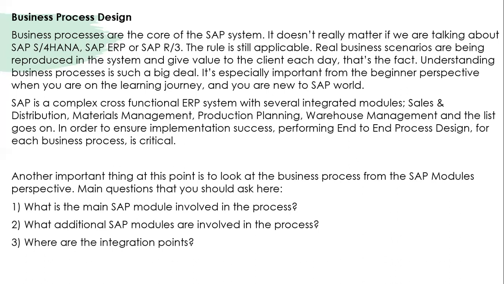So what are the integration points between FI and each and every other of these modules? Of course, the integration point between FI and MM, you have the OBYC, the integration point between SD and finance. You need to know that point.